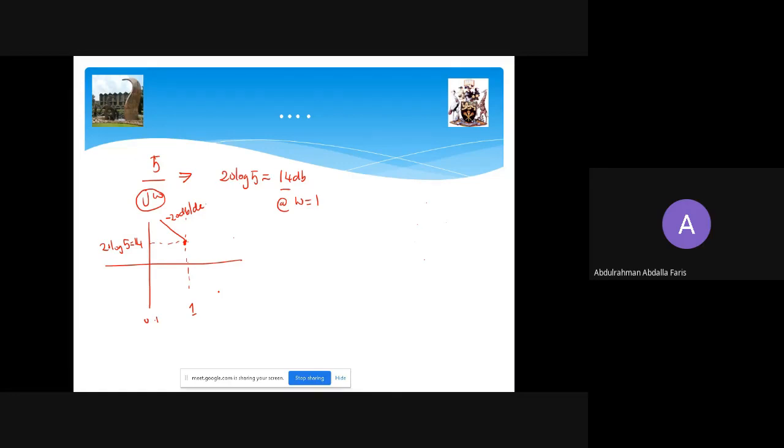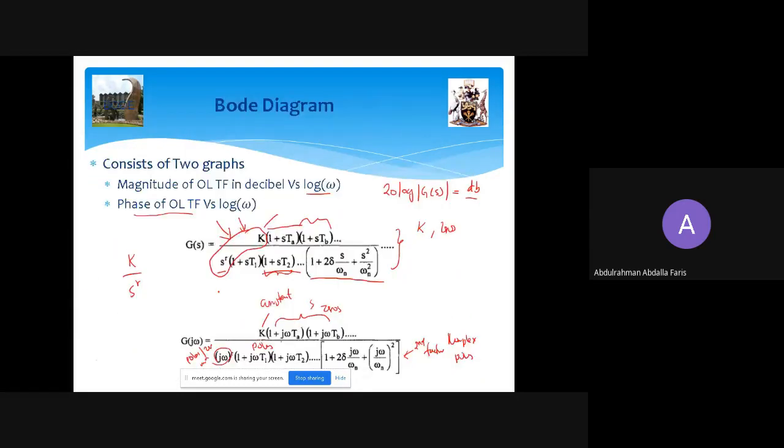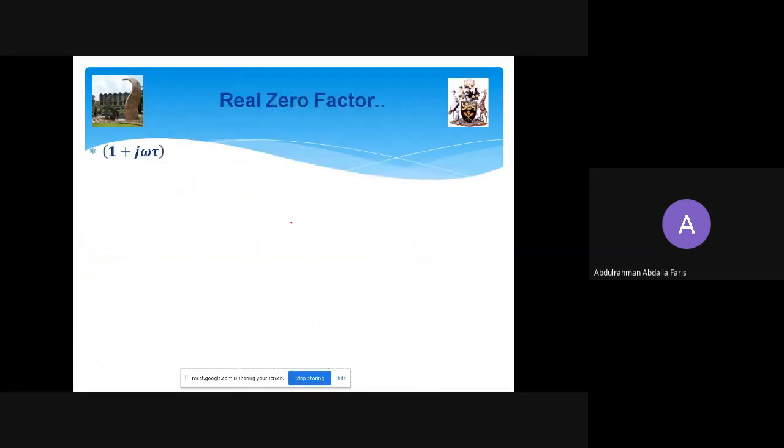Yes. Okay. So another factor is a real zero. If I go back, you can see we have this, and then we have a zero here. So 20 log magnitude of this j omega tau.